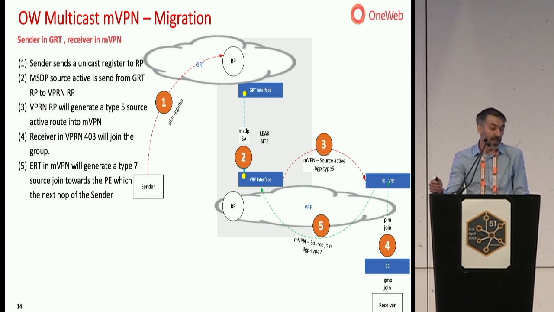In terms of messages, this is a sender in the global routing table and the receiver in the new VRF that we deployed. And it follows that leak site model. So you get a join from the customer, it goes to RP, and then via MSDP between the sites, and then it gets BGP propagated along the way.